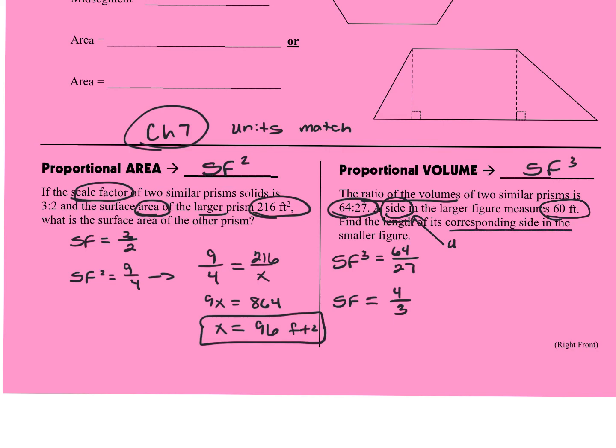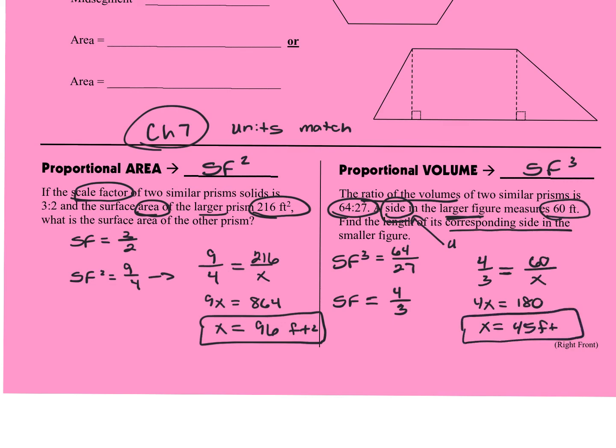So we can just work with our scale factor. So I'm going to use my 4/3. Again, I'm told that the larger figure is the 60, so the 60 will match up with the 4. I'll put an x in the denominator here, and I'm going to cross multiply. So 4x equals 180. So the length of my corresponding side in the smaller figure will be 45 feet.